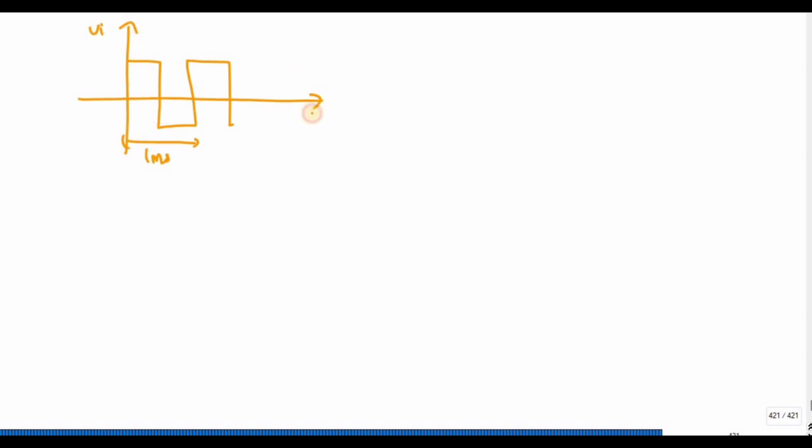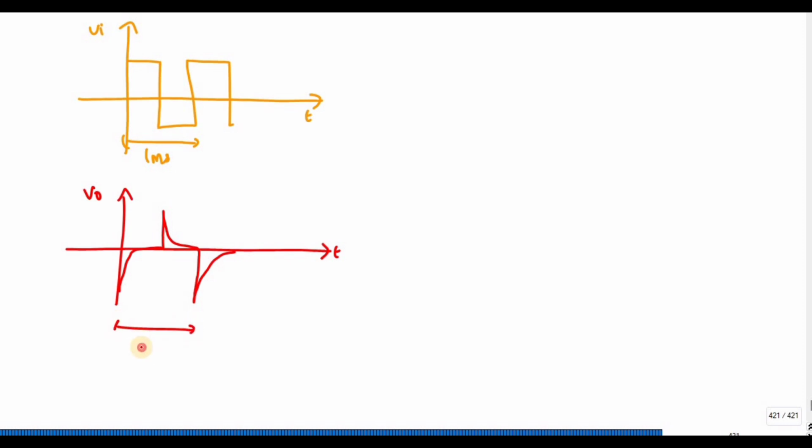I will get the output like this. Okay, this is my output, and the frequency is the same. This is 1 millisecond, and this value is nothing but V saturation, and this is minus V saturation. Okay, so we will discuss this problem in the practical manner also.